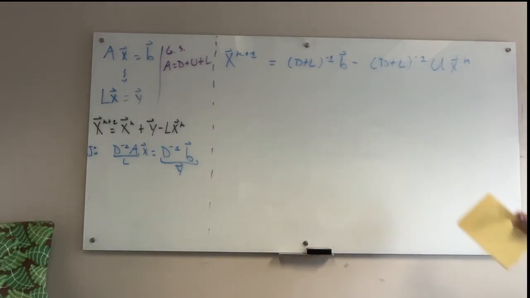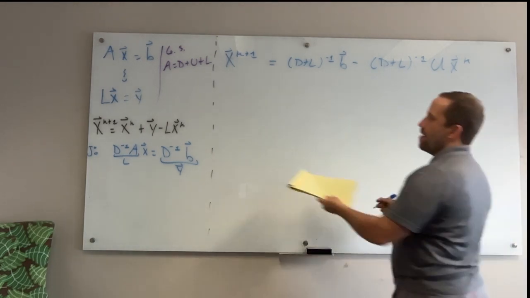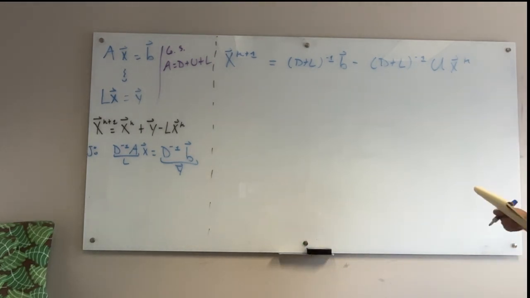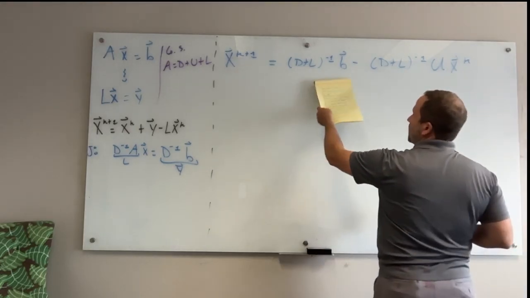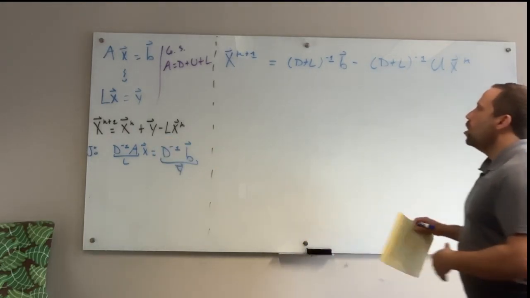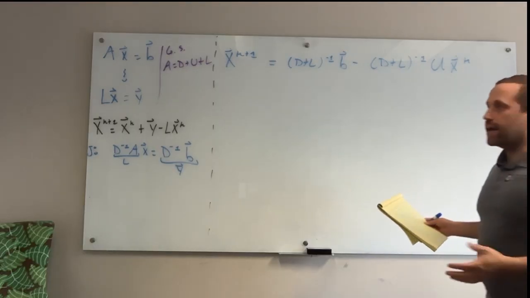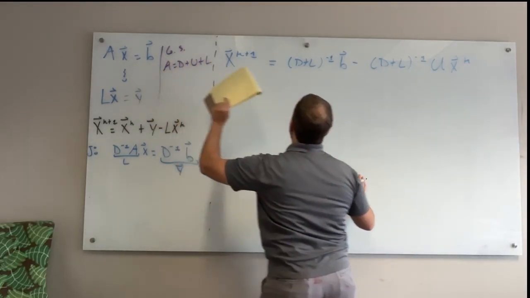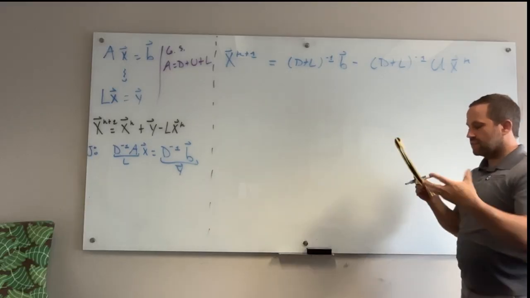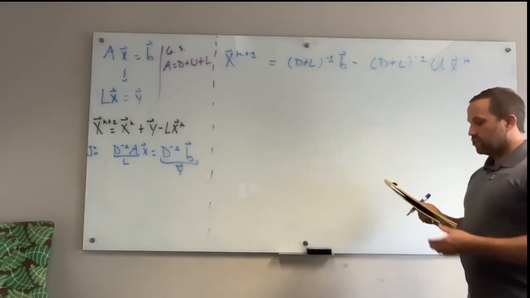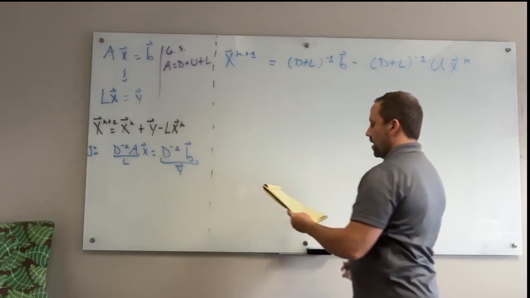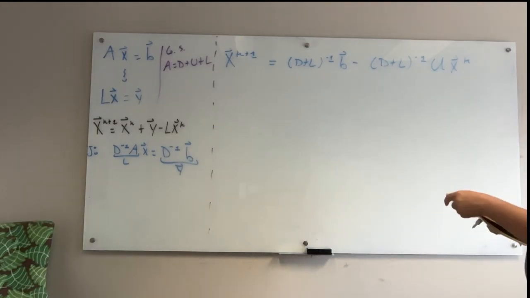Now if we try to match this up with what we have over here, we see that (D+L)^{-1} b is going to play the role of y, which means we're preconditioning this system with the matrix D plus L. That might help guide how we make the algebraic manipulations to get it into this form, or to recognize it as being in this form.